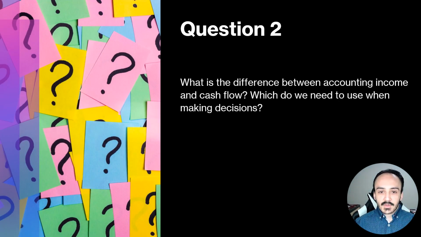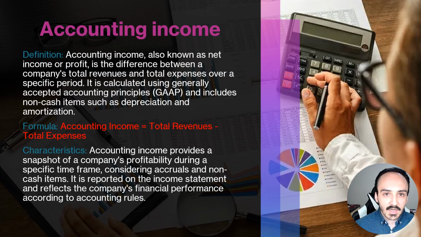Question two: what is the difference between accounting income and cash flow, and which do we need to use when making decisions? Accounting income definition: accounting income, also known as net income or profit, is the difference between a company's total revenue and total expenses over a specific period. It is calculated using generally accepted accounting principles, GAAP, and includes non-cash items such as depreciation and amortization.